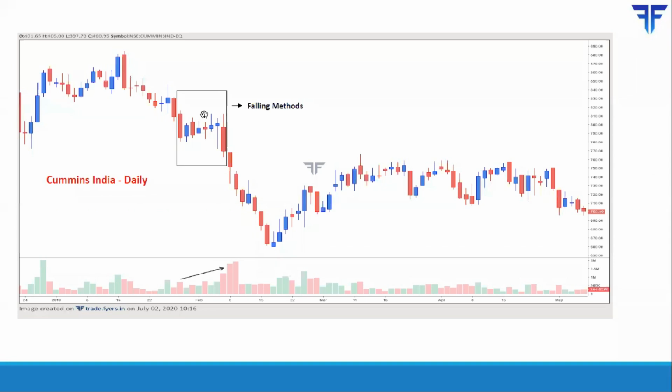Then the final candle of this pattern was a tall bearish candle, which opened below the high of this consolidation candle and then went on to close below the low of the first candle. So this was the low of the first candle. As you can see, the closing of the final candle was below that.